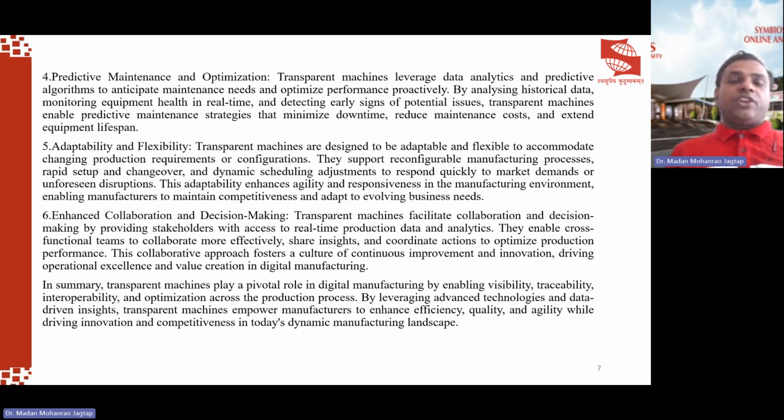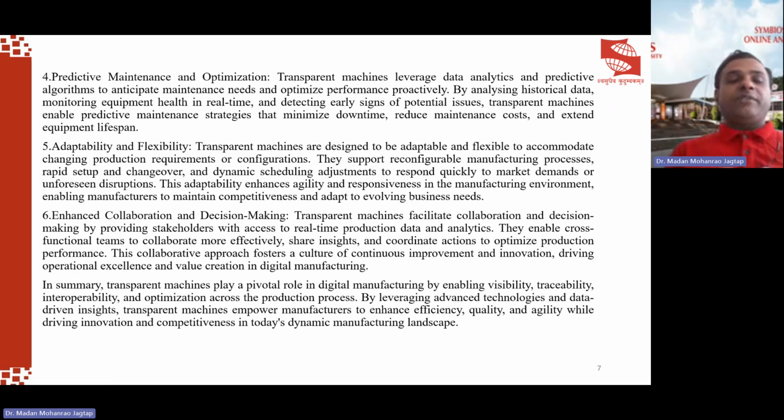So whatever steps are followed, they are with quality and minimum wastage, and we can create value for each and every activity in digital manufacturing with the help of transparent machines.